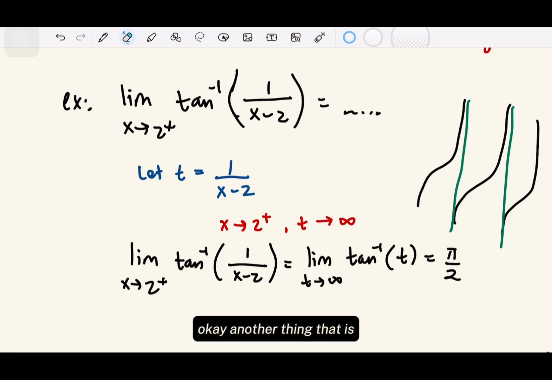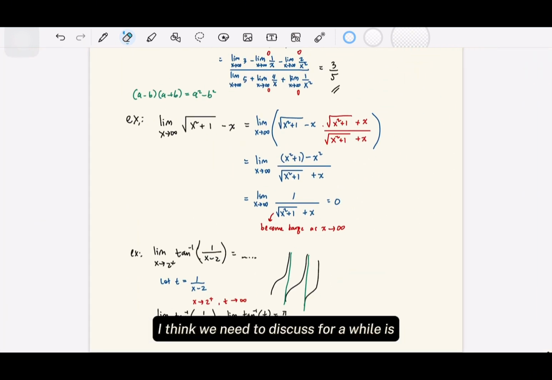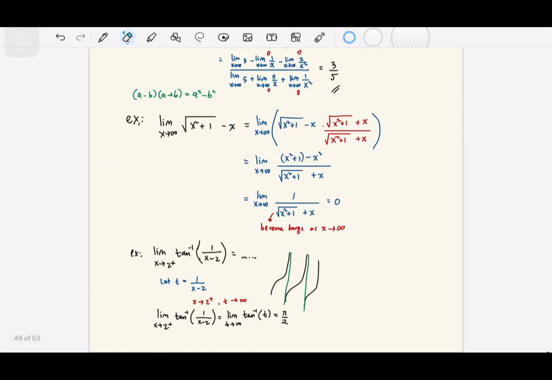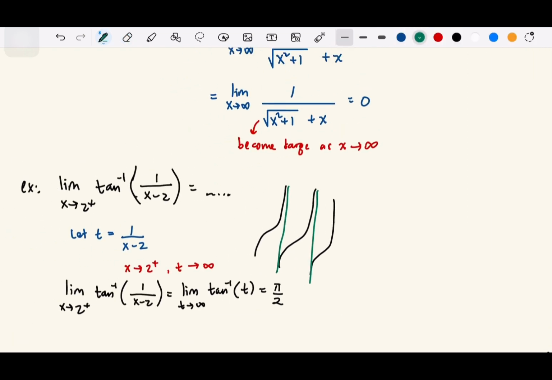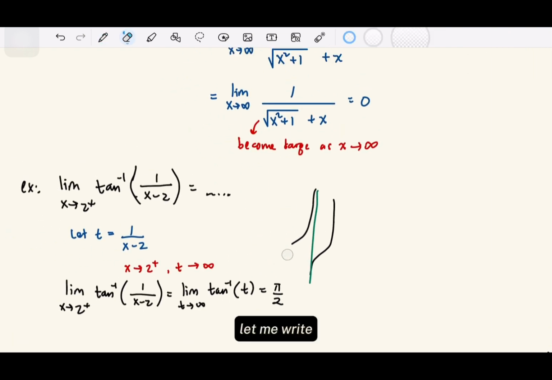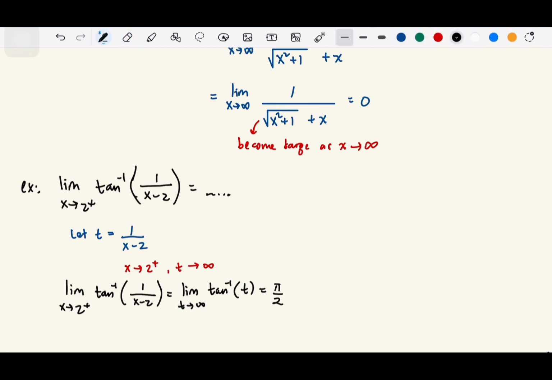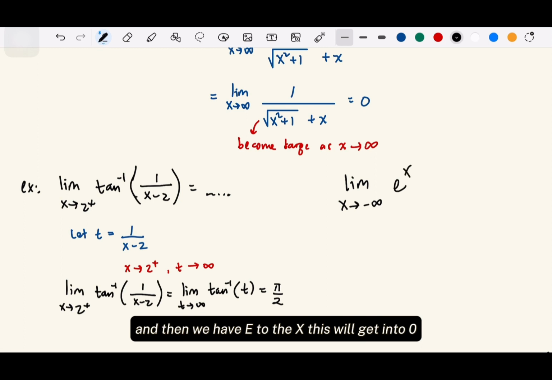Okay, another thing I think we need to discuss for a while is, let me erase this and let me write the limit as x going to the left, and then we have e to the x.